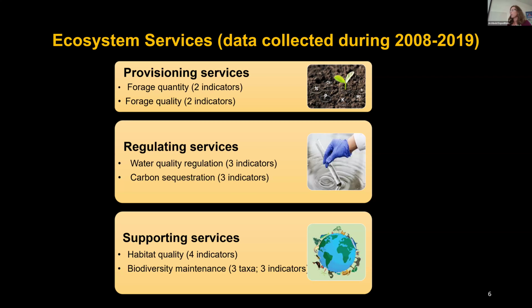Regulating services are the benefits obtained from the regulation of ecosystem processes like water filtration, water quality regulation, and carbon sequestration. And then the supporting services are the indirect services that are necessary for the production of all the other services. So the way that we looked at this was habitat quality and biodiversity maintenance.